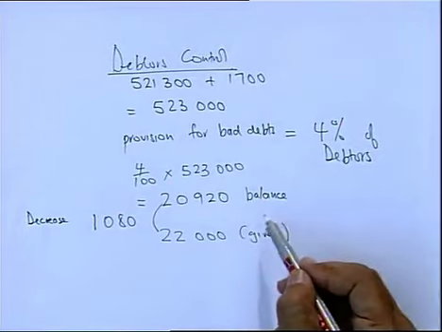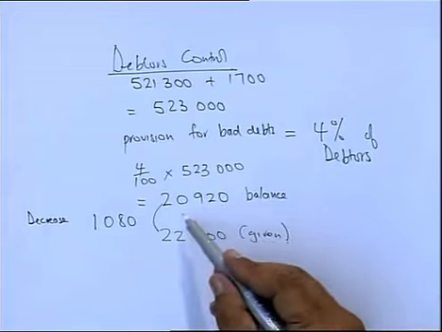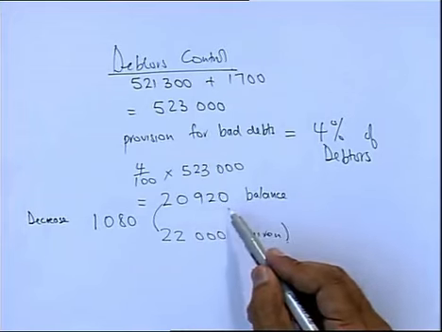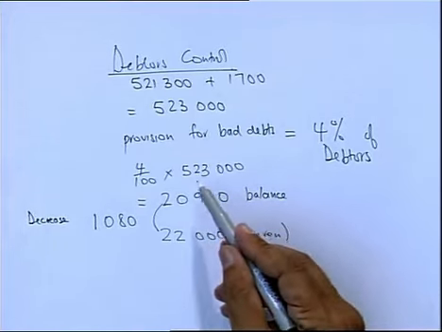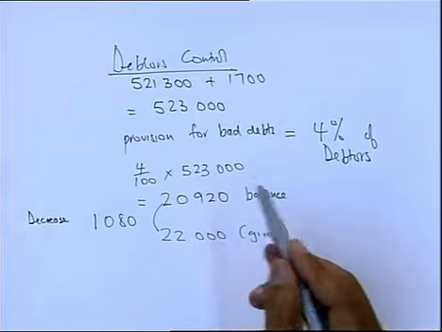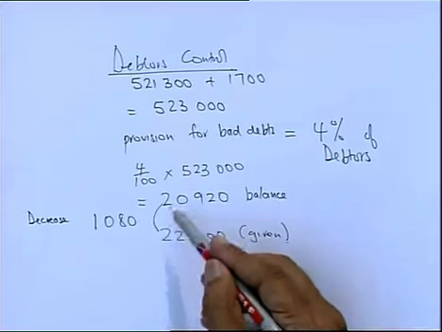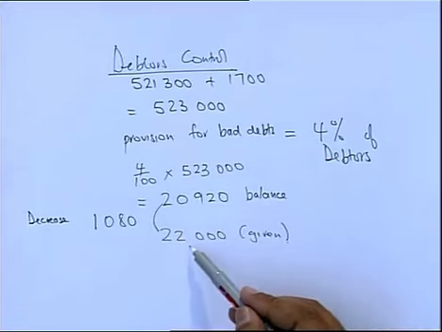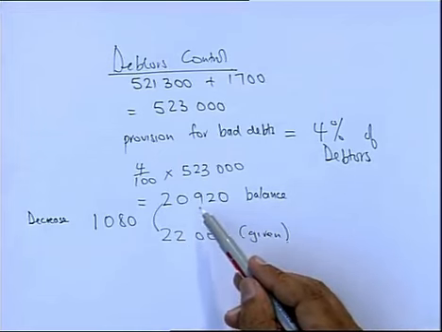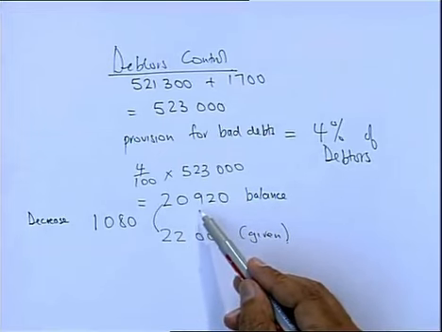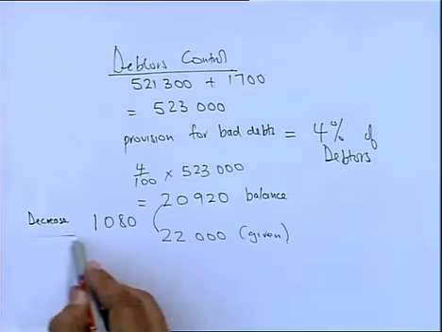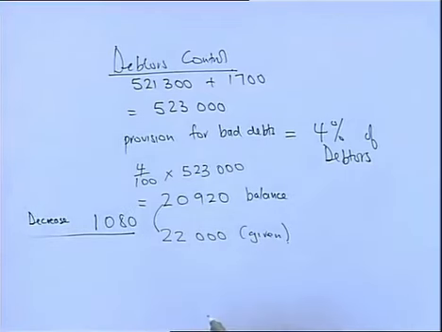We calculated the 4% of the debtors, which came to 20,920. 20,920 should be the balance of the provision. Therefore, the provision is decreasing. It has to move from 22,000, which was given in the trial balance, to 20,920. So it will be decreasing by 1,080.